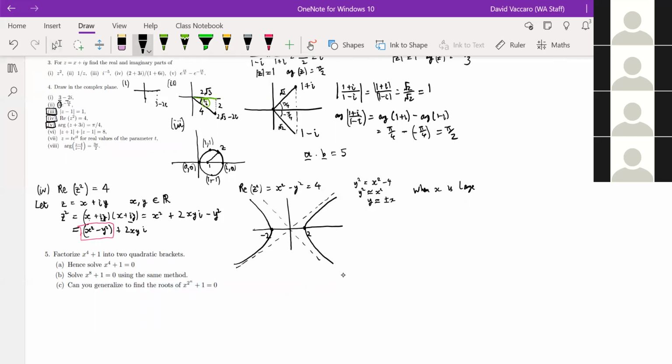Part B, any suggestions in the chat? For what this locus would look like, the argument of z plus 3i is equal to pi over 4.